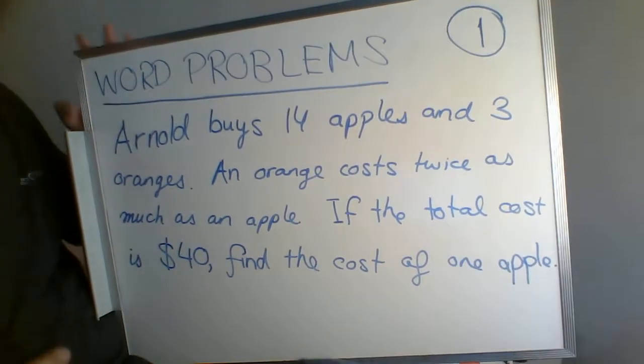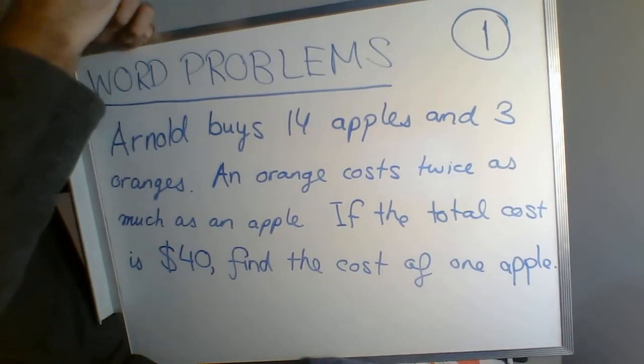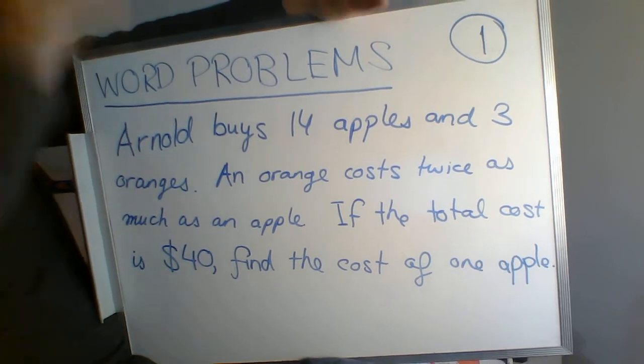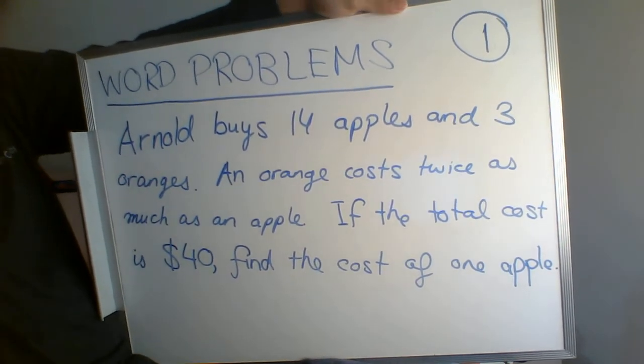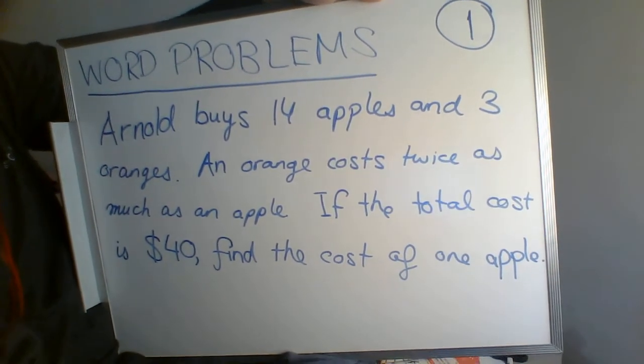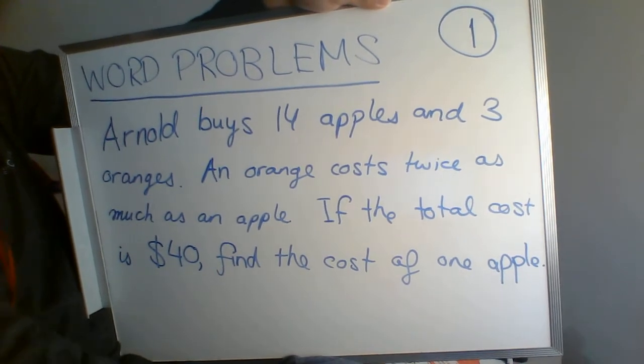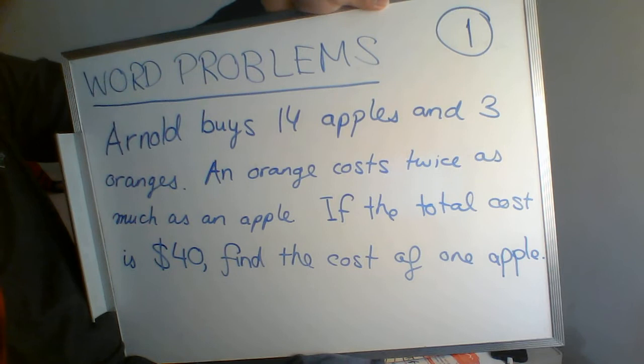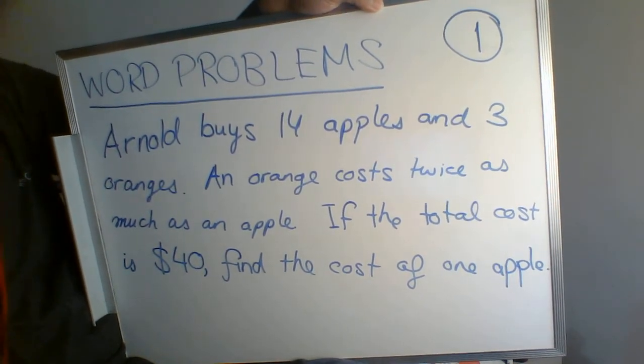So, that's the question. That's the task at hand. Arnold buys 14 apples and 3 oranges at a grocery store, let's say. An orange costs twice as much as an apple. If the total cost is $40, find the cost of one apple.